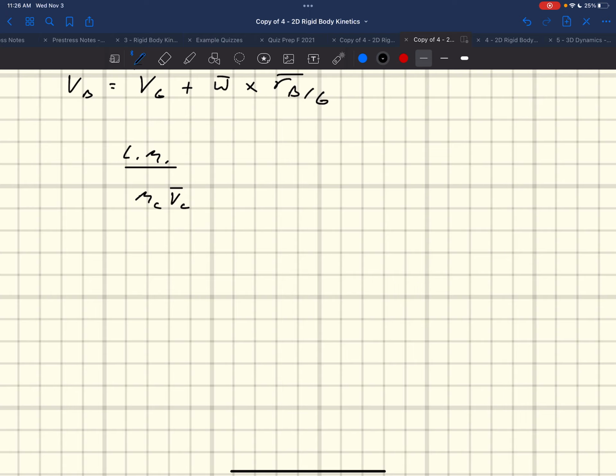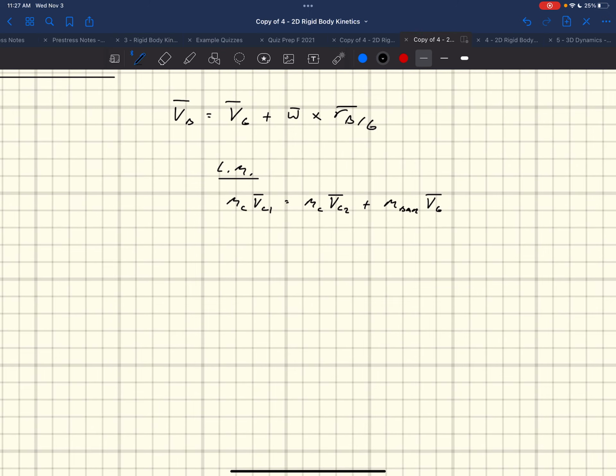It's a vector equation. Is equal to MC times VC2. We'll call it VC1 and VC2. Plus M bar times VG. That VG in this case is just the velocity of the mass center of the bar.